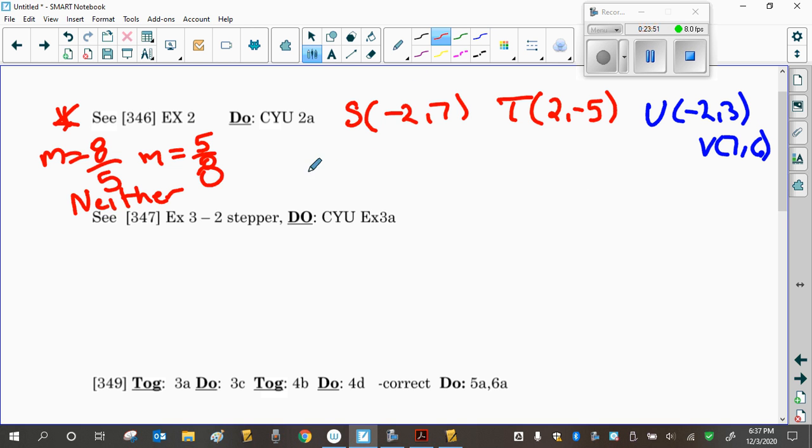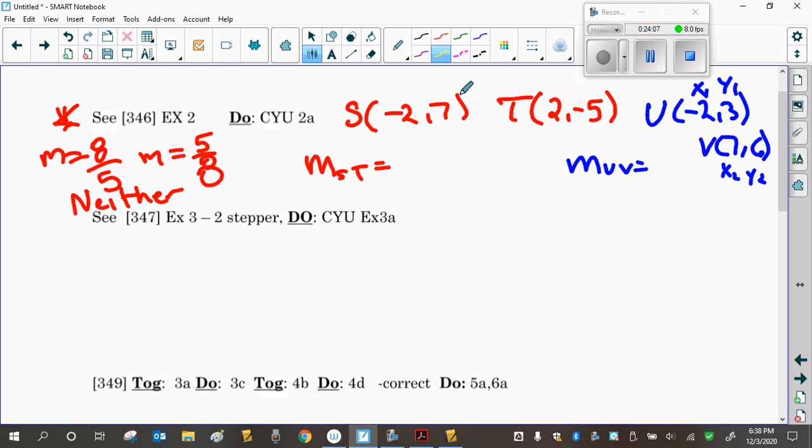Okay, so the first thing you're going to do is find the slope of ST, and then you're going to find the slope of UV, knowing that this is x1, y1, and this is x2, y2.